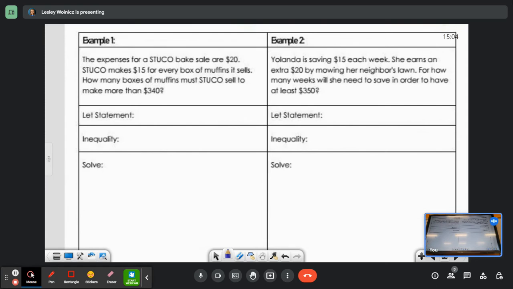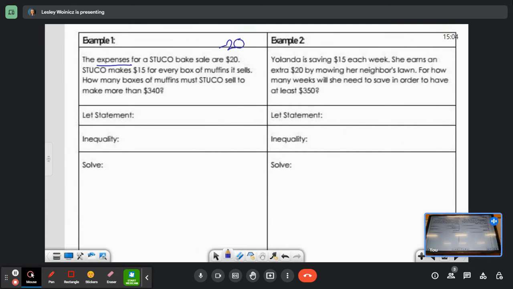So our first example is talking about Stucco. It says the expenses for a Stucco bake sale are $20. Right off the bat, what does expenses tell me? Negative. So this tells me I have a negative $20.